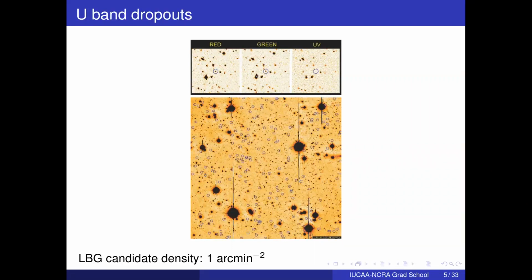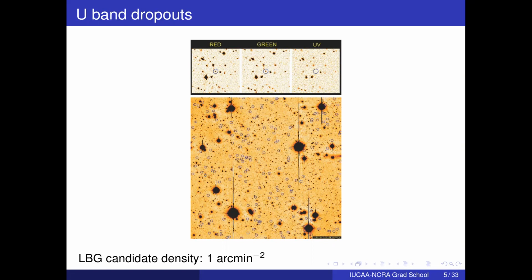It is visible in green, it is visible in red bands. So if you plot it on the color plot that we just saw, it will lie within that wedge, and this will be a candidate high redshift galaxy. It's called a U-band dropout. U-band dropouts are typically at redshift 3, B-band dropouts are at redshift 4.5, and the redder filters will generate dropouts at higher redshifts.